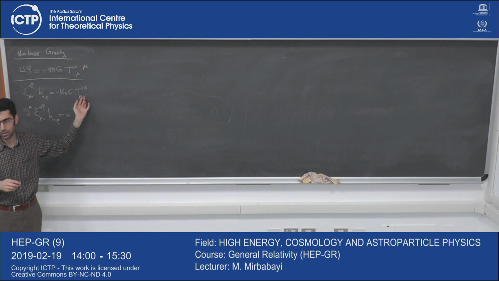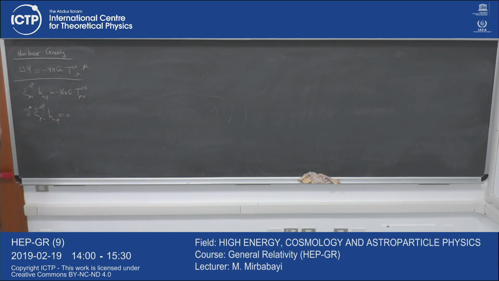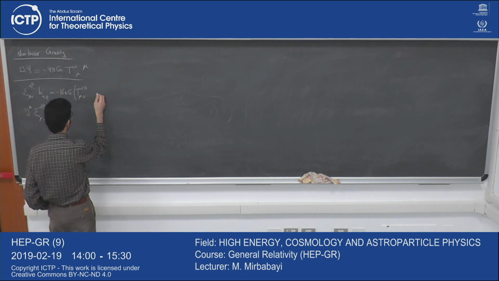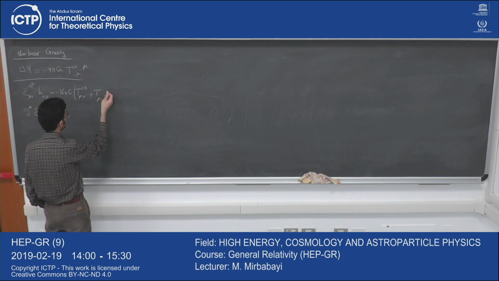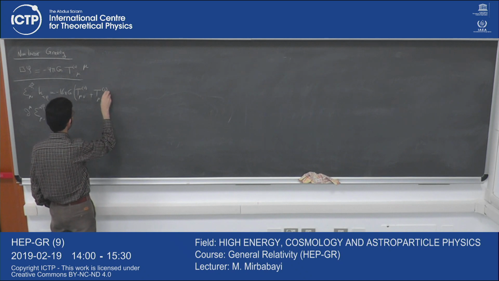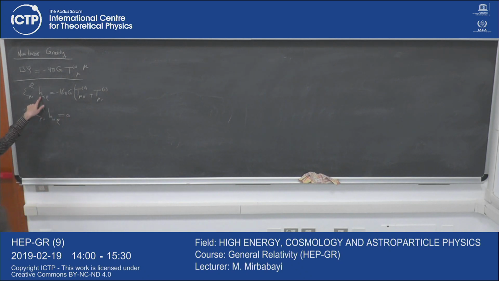We have to add extra terms to the right-hand side if we want it to be conserved. So there are various corrections to the right-hand side of this equation that one needs to add. We can try to organize them as an expansion in this gravitational field H mu nu.